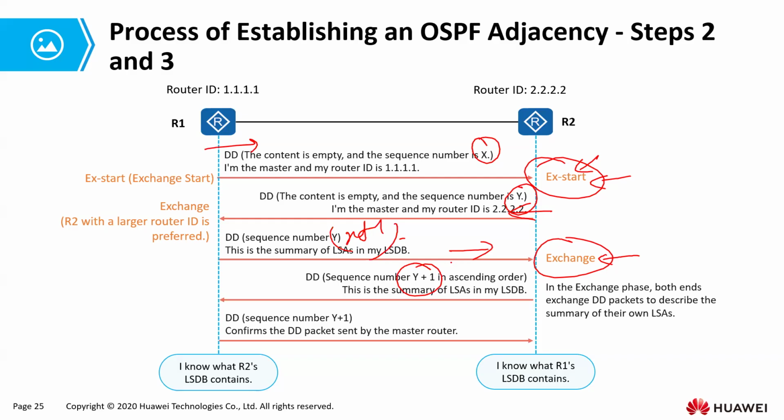But in short, we define these states: exchange start and exchange. Exchange start is the beginning of our exchanging of database descriptions. Then exchange: after we've started, we exchange more DDs until we have all database descriptions exchanged between our routers.